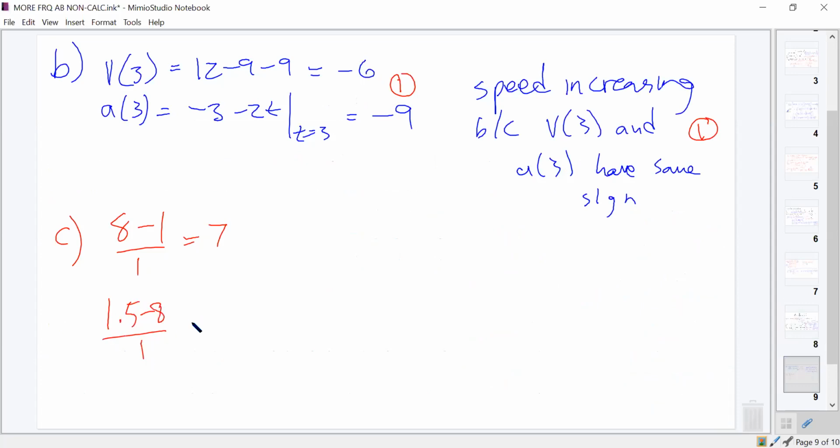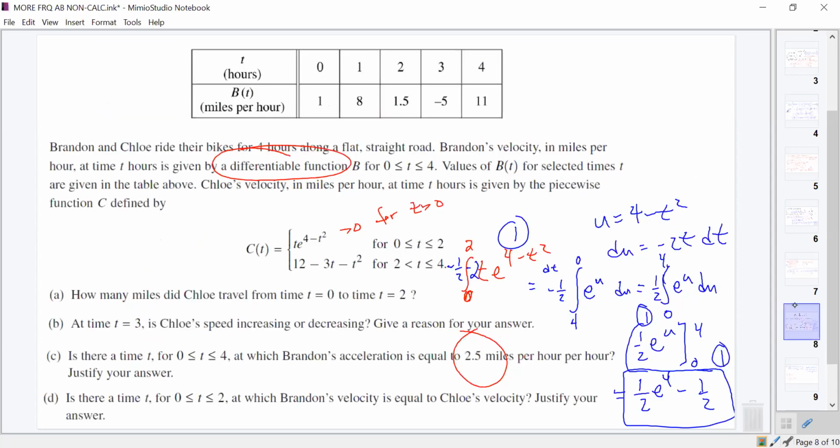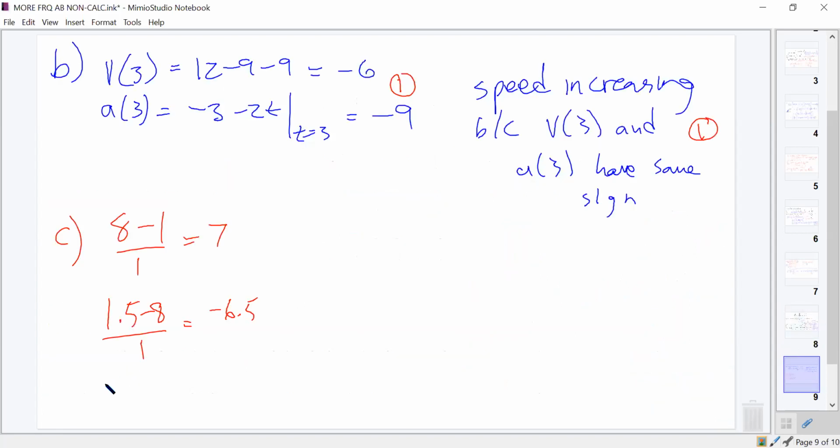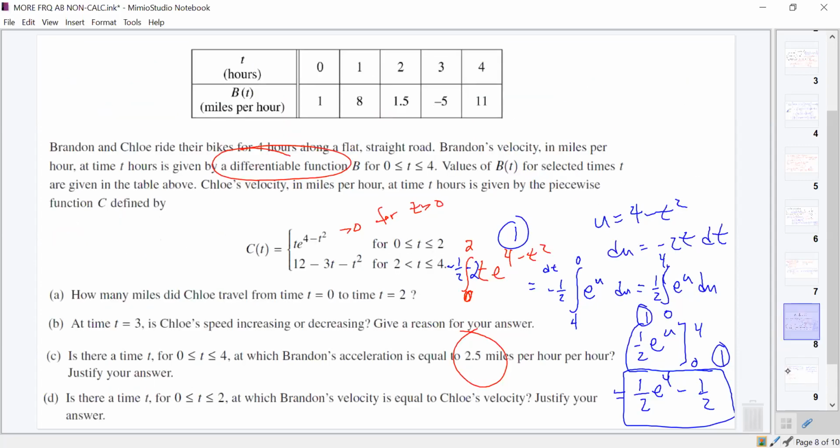What's that? A weird negative number? Looks like it's negative 6.5. And then from 2 to 3, that's negative 5 minus 1.5. That's another negative 6.5. No, it's negative 5.